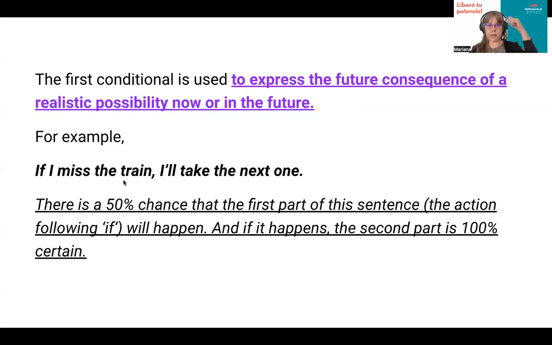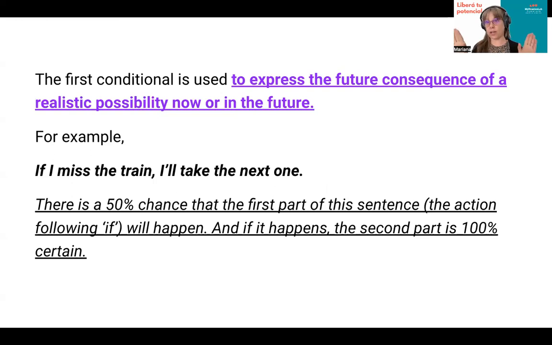So the action is the if, considering that the action will happen. And if it happens, the second part is 100% certain. So I repeat, for the sentence with if, there's a 50% chance.